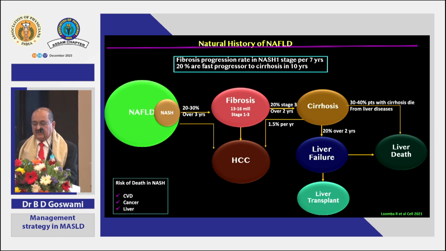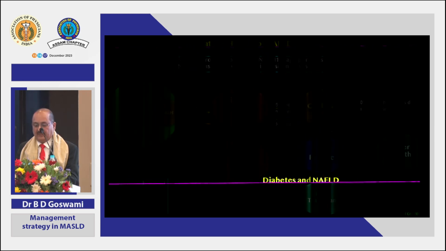After that, 30 to 40% ultimately go on to so many complications, and there is end of life: liver failure, hepatocellular carcinoma, liver transplantation. And most of the time, the death comes from cardiovascular disease, and there is carcinoma of the whole body, and also to some extent liver-related causes.